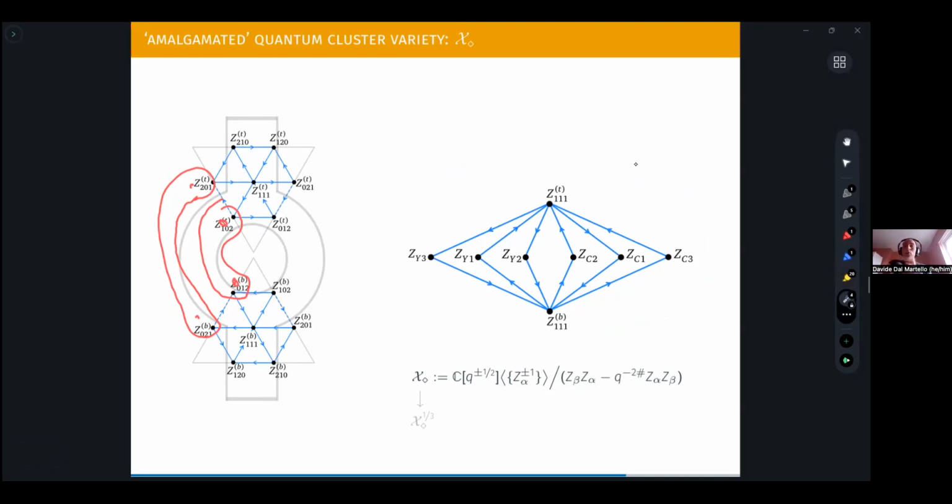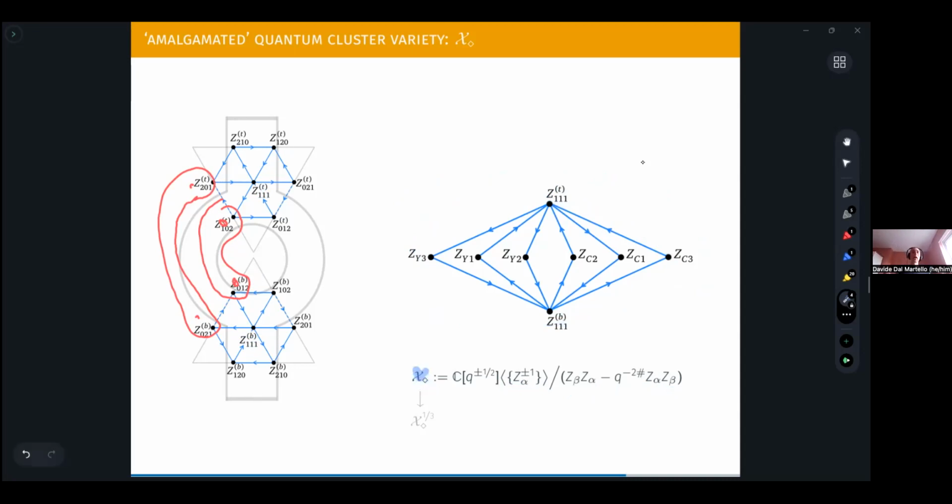And the only variables, maybe notice, that are not glued together are these ones that are in the center of both triangles, because being in the center, they do not lie on any side that has to be glued with anything else. I call this the diamond amalgamated cluster variety. And it is defined as before. So again, all these 8 variables are free up to the commutations encoded by this very diamond.